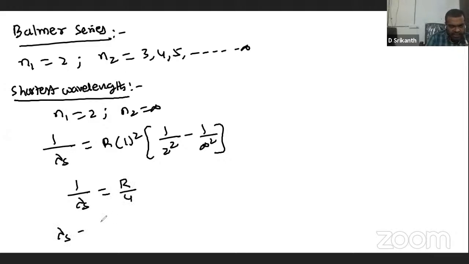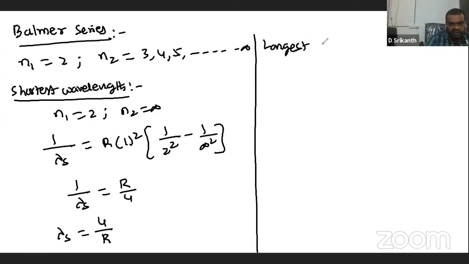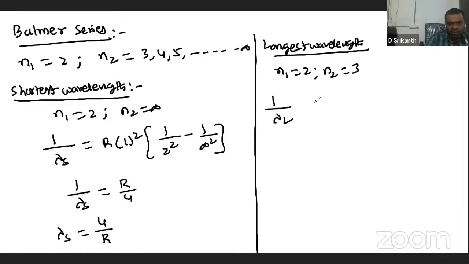So lambda S is equal to 4 by R. Similarly, for the longest wavelength, n1 is equal to 2 and n2 is equal to 3. So 1 by lambda L equals R into 1 by 2 square minus 1 by 3 square.